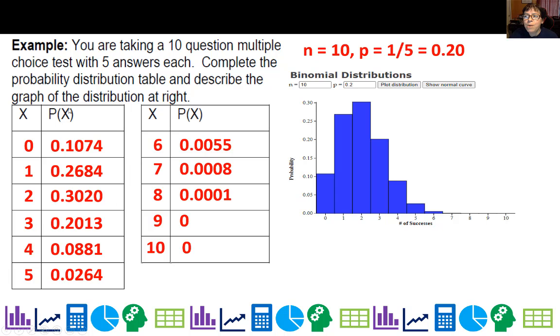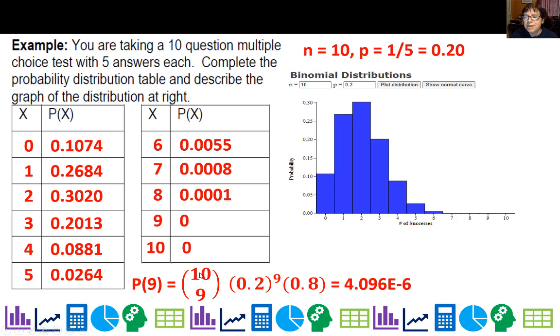Okay, so I went ahead and filled out the table using the GeoGebra. And let's go ahead and calculate that probability of 9. So basically, it's a combination of 10, 9. So my binomial coefficient is, I have 10 to choose from. I'm taking 9. And how many ways can I do that, right? Which, by the way, is 10. All right.